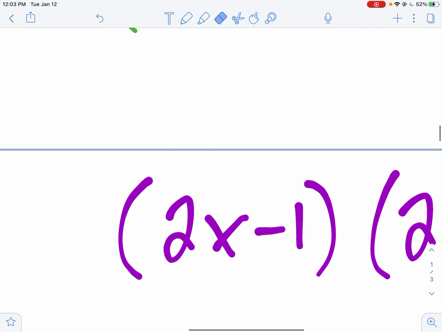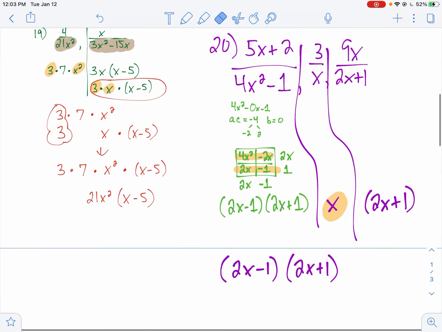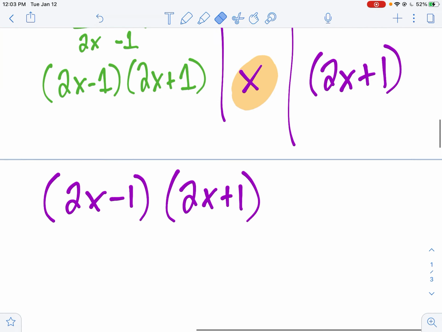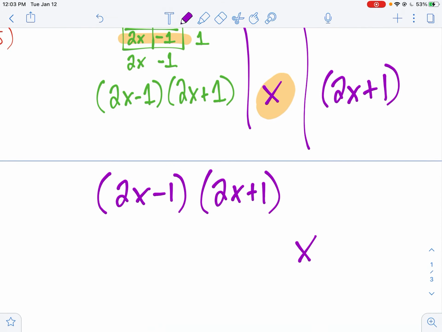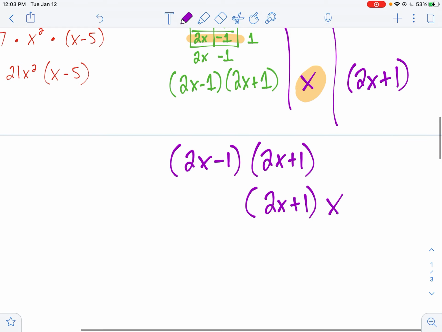This expression here is considered a factor. This is considered a factor too. So I can't just isolate the x's within there. So this x here, I'm going to just write it down below because it has nothing it can go with. And then my last one here, 2x plus 1, that happens here. So that means I just have to use that 2x plus 1 once.